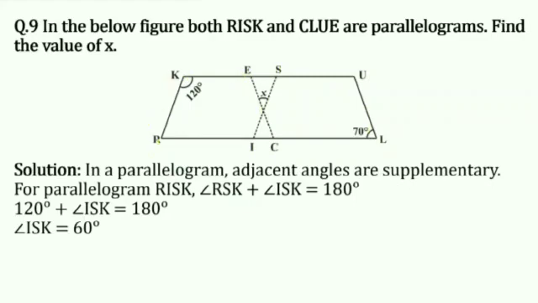Here we are not going to consider RCEK, and we are also not going to consider LISU. We have to consider RISK and CLUE. Again, let me highlight one of it so it will be easier for you.